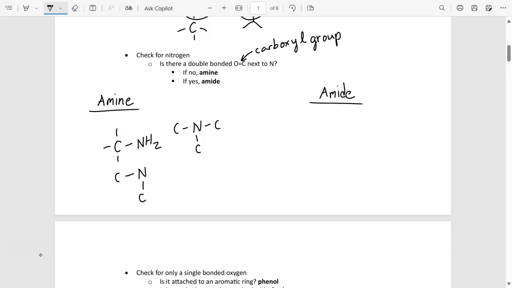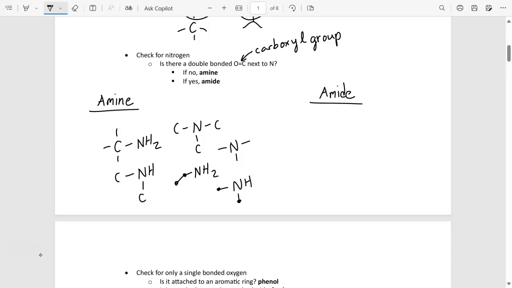So we could have the NH2, and I'm sorry, this should have an NH on it. We could have that NH2 with some skeleton coming off of it that has carbons. We could have a nitrogen with 2 different carbon groups coming off with a single hydrogen, or you could have a nitrogen with 3 groups coming off of it. All of those are examples of amines.